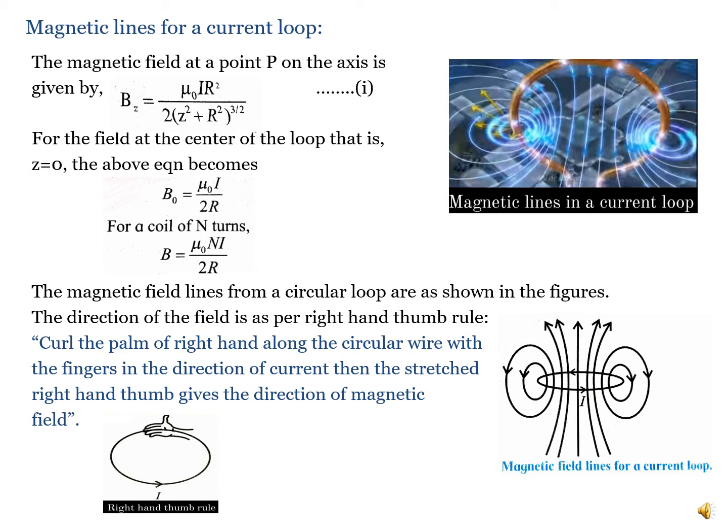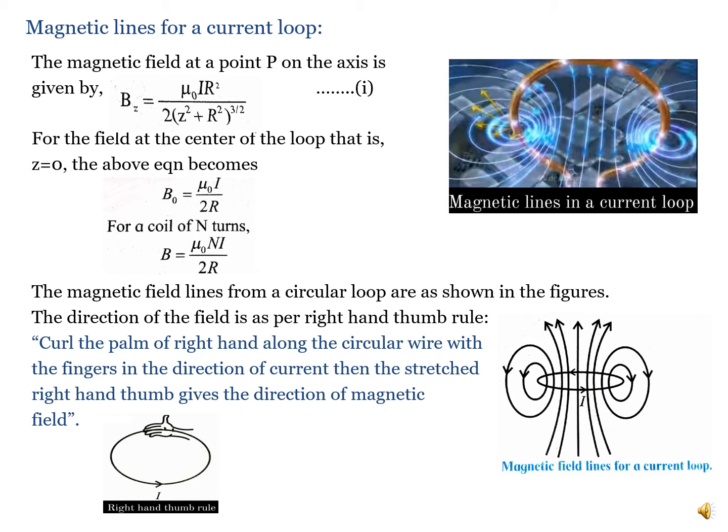As a special case, the field at the center of the loop is obtained by substituting z equal to 0 in the above equation. So if in the denominator we substitute 0 instead of z, the equation becomes B0 equal to mu 0 I upon 2r.